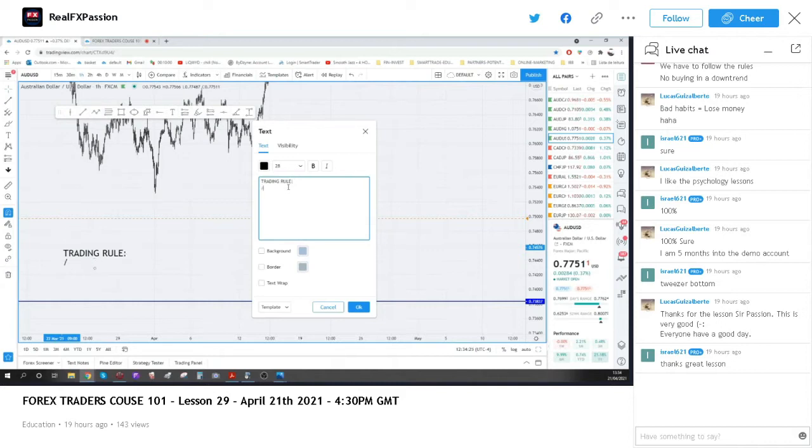Trading rule: in an uptrend, I am going to only buy bullish candlestick formations and never sell bearish candlestick formations.